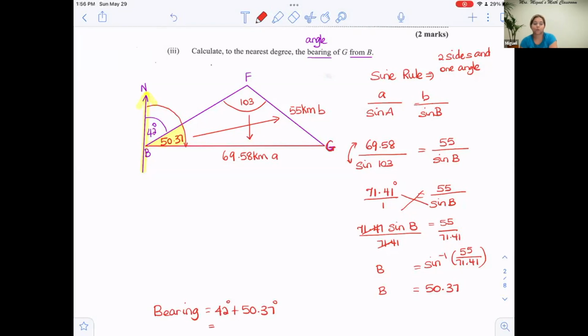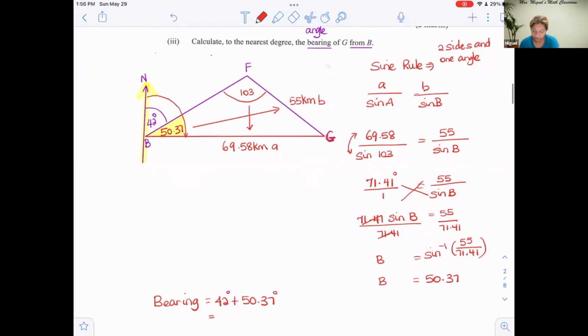Give me the answer to 1 decimal place. 92.4.